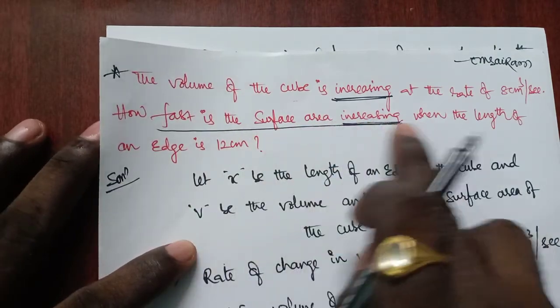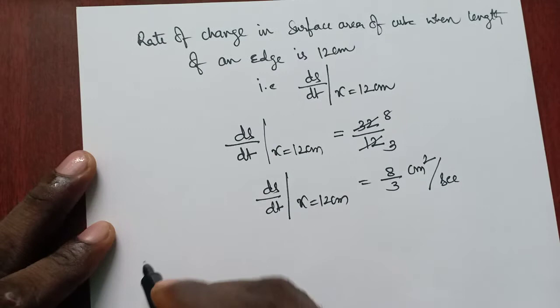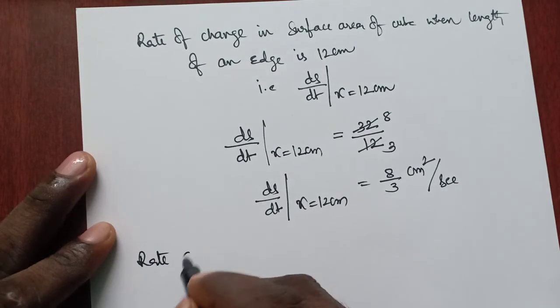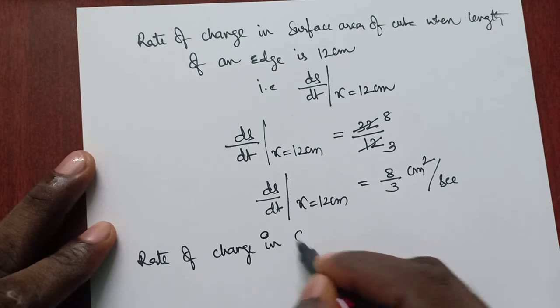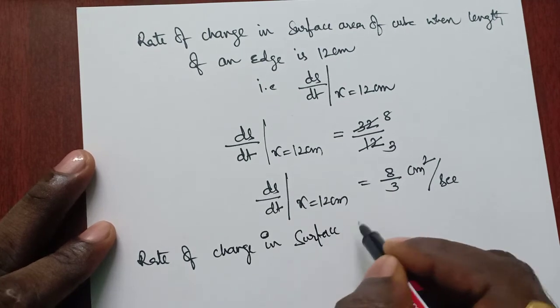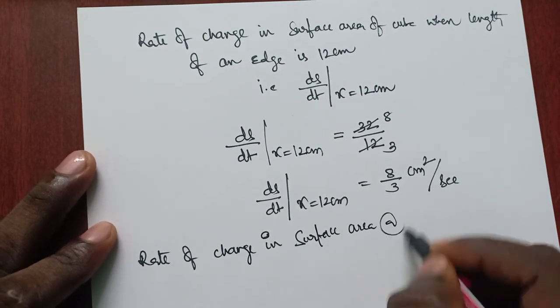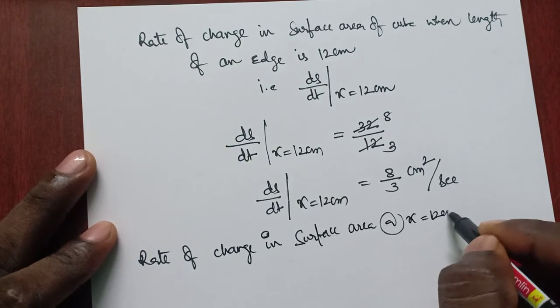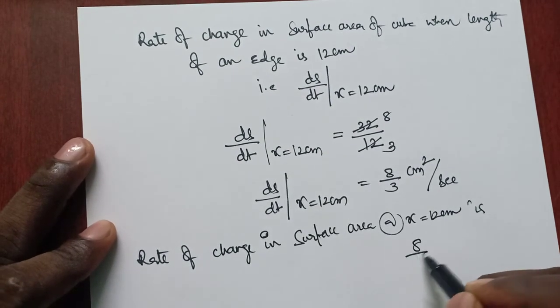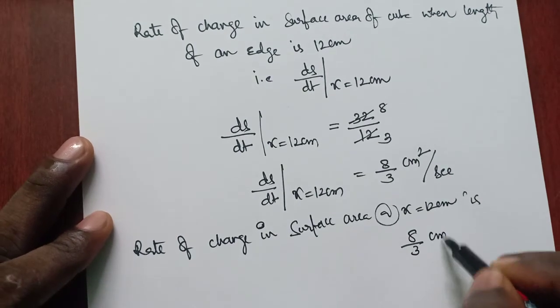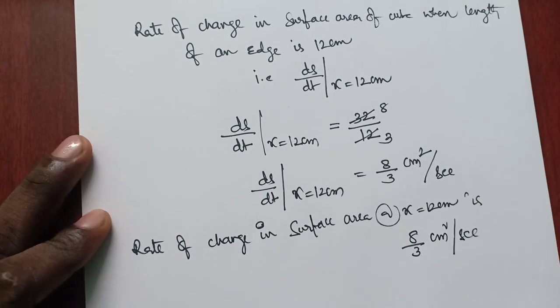Rate of change in surface area when the length of an edge is 12 centimeters. So the rate of change in surface area at x equal to 12 centimeters is 8 by 3 cm² per second.